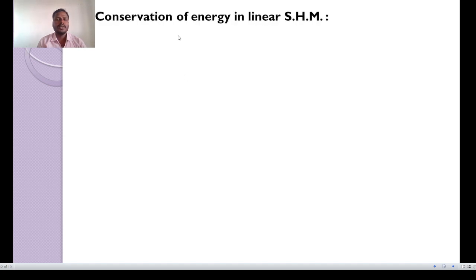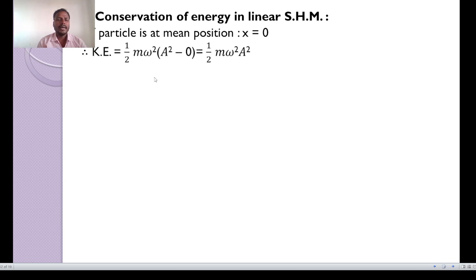Now the next point is conservation of energy in a linear SHM. When the particle is at mean position, x is equal to 0, kinetic energy is equal to 1 by 2 m omega square a square.